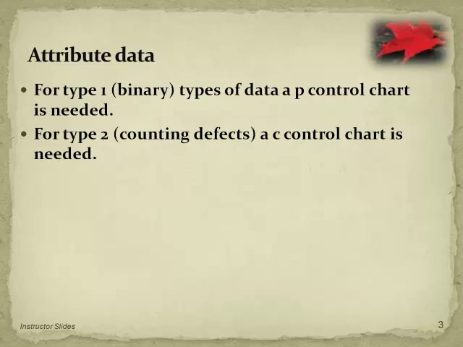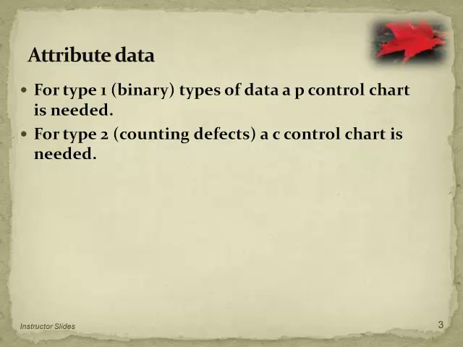So if the measurement that I am collecting for a particular process is binary data, good or bad, the control chart used for that type of measurement is referred to as a P chart.